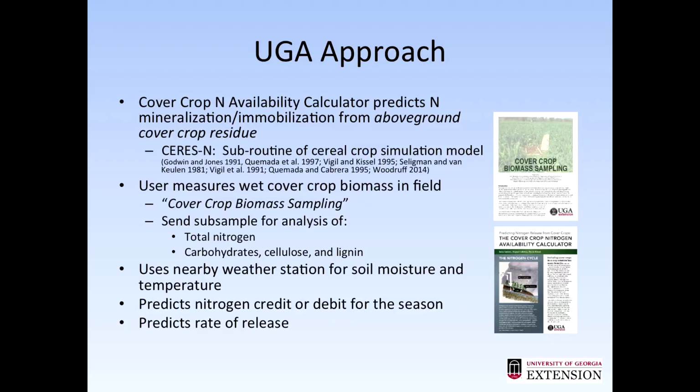We send a subsample of that to our feed and water analysis lab, which will give us total nitrogen, carbohydrates, cellulose, and lignin. We have a weather network that we can pull soil moisture and temperature from, and then we can predict these nitrogen credits or debits if it's going to immobilize for them, and then we can give them a release curve.